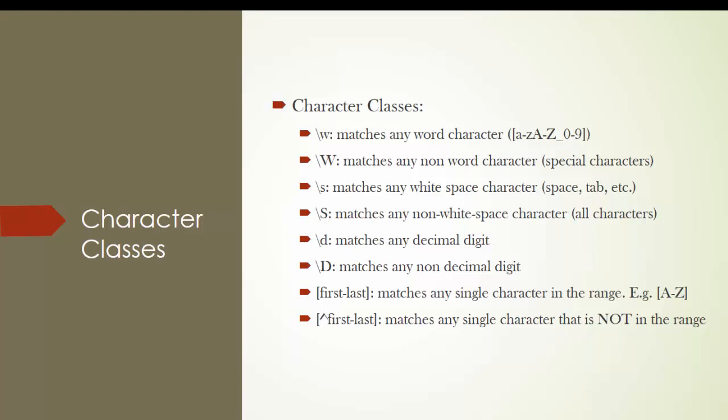If you want, also you can check for a smaller range, like between A and E, so you can enclose these between square brackets. If you want the opposite or the negation for that, you need to start with the caret sign. So this would mean that you are checking for characters that do not fall within a certain range.